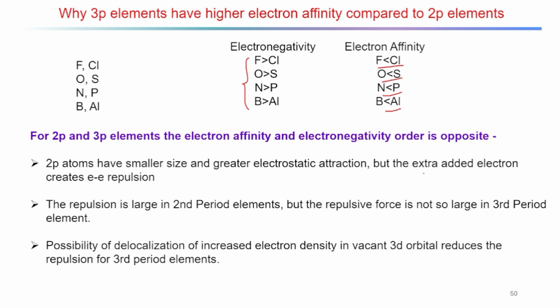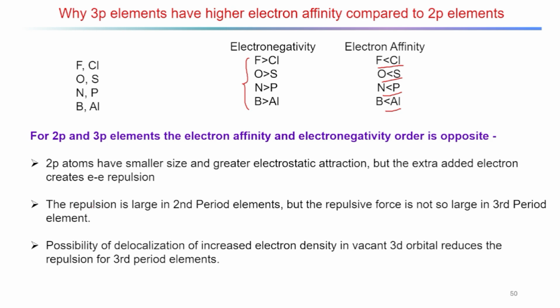But the extra added electron creates electron-electron repulsion. Although it has higher electrostatic attraction, that's why the electronegativity is more in case of 2p elements. But if we add one extra electron, that creates electron-electron repulsion in that valence shell.